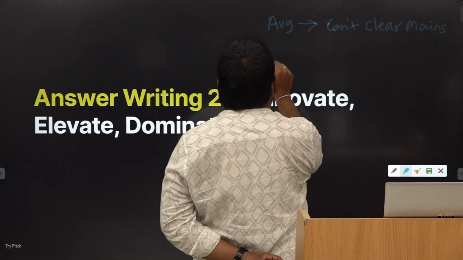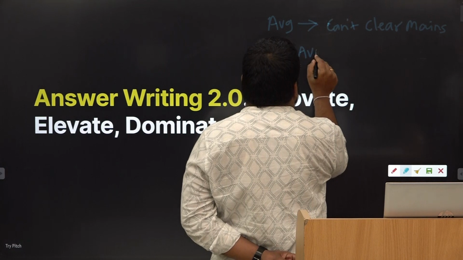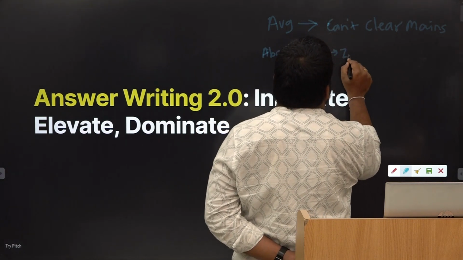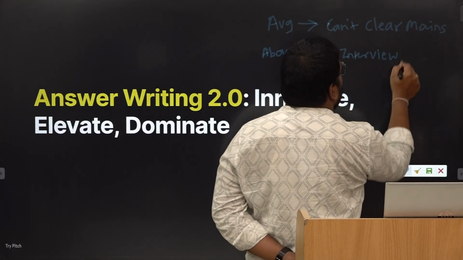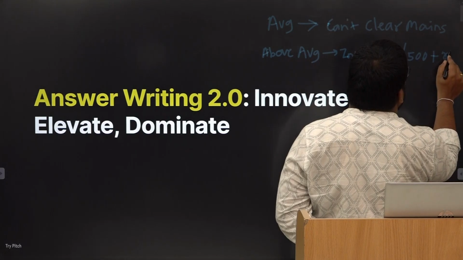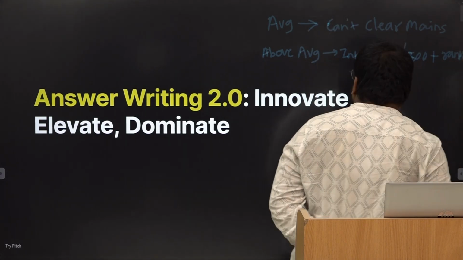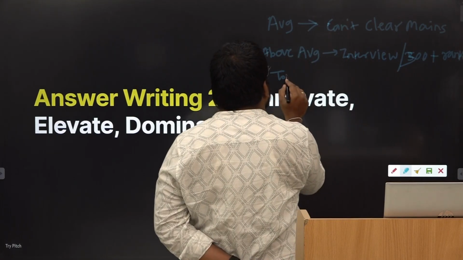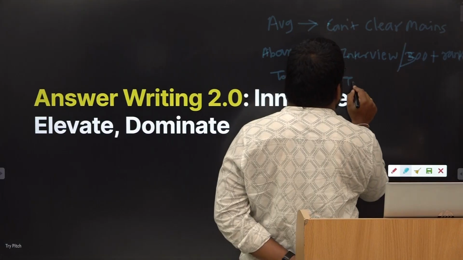Second category is above average, who appear for the interview or get a 500 plus rank, or you can make it 300 also. And last is the toppers, who get into the top 50.